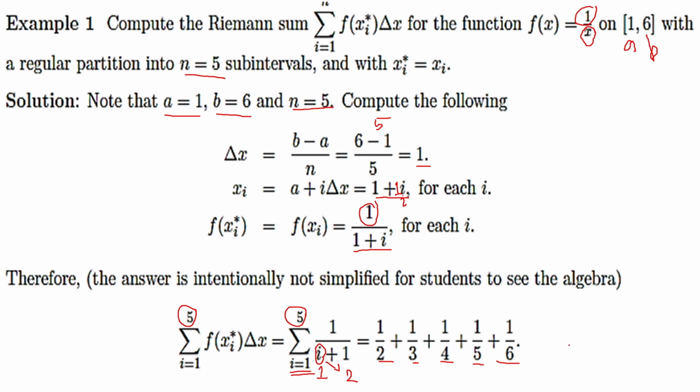To sum it up, the answer is 29 over 20, or 1.45. It is written here to show the algebra, but if we just get the f of x sub i, this is the answer.